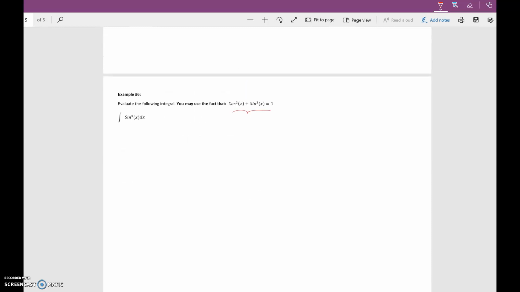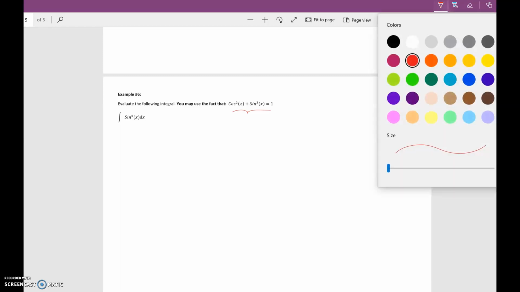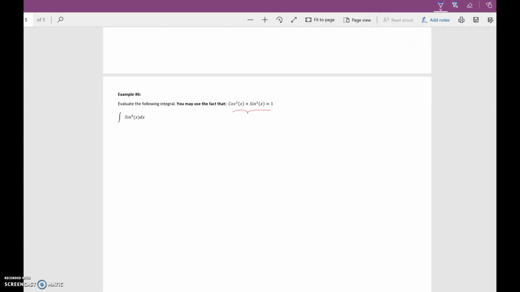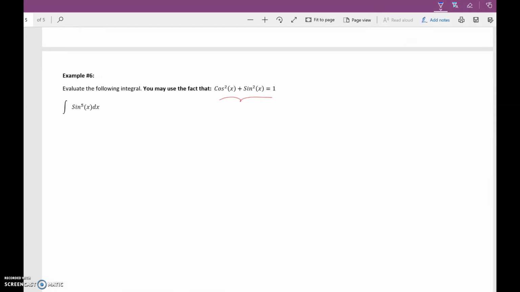In this case, the shortcut that they want us to use is that sine squared plus cosine squared is equal to 1. Okay, so we'll start with this problem. In order for us to utilize that formula, we're going to have to somehow rewrite the sine to the fifth power into sine squared or cosine squared, and then try to use some u substitution that would help us.